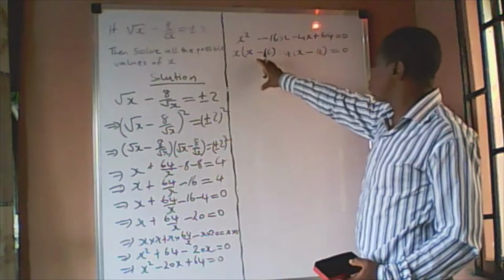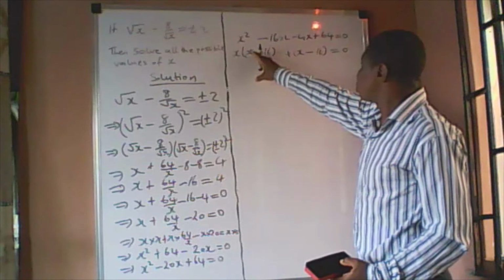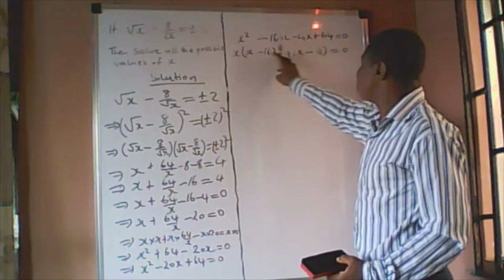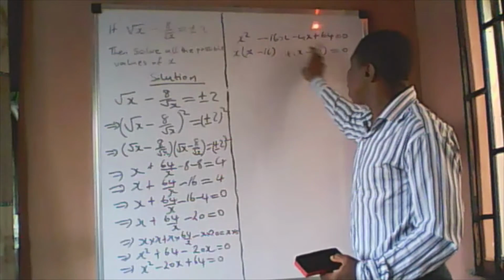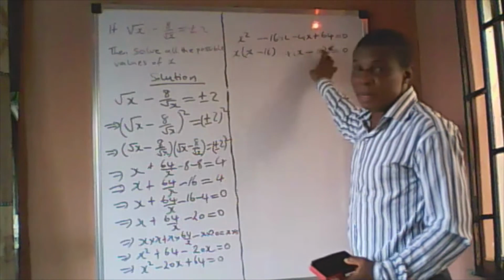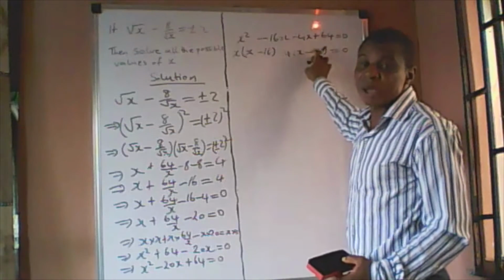Now we can see also we have minus 16 and minus 16 here. They share a common factor, so I'm going to factorize them.